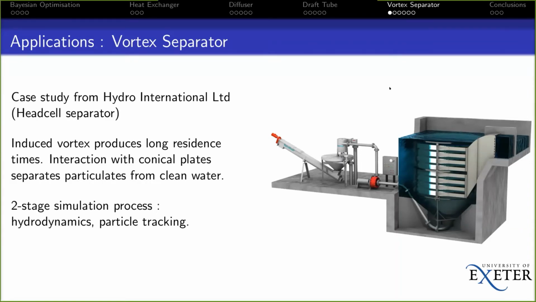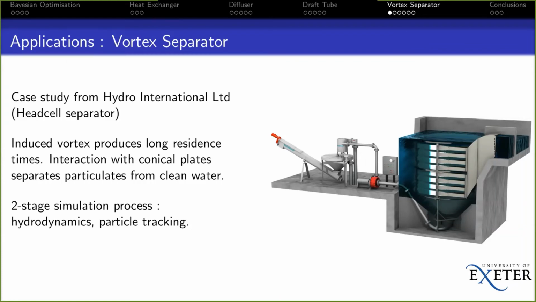The interaction of that flow with the conical baffles encourages the particles to separate out and accumulate at the bottom here. And they can then be pumped out and removed, whilst the clean water essentially is displaced to the top of the structure here and can be pulled off and returned to the natural environment. So it's basically a Dyson vacuum cleaner for water.